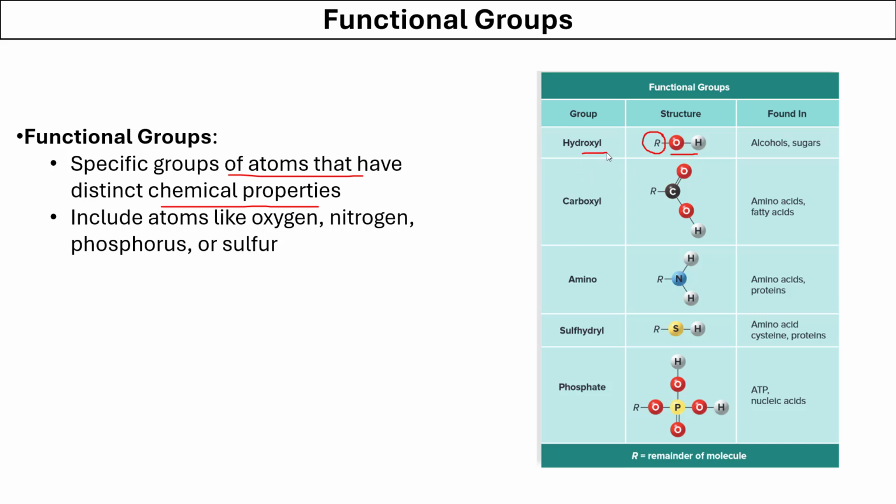Here the hydroxyl functional group is OH, carboxyl is COOH, amino group is NH2, sulfhydryl is sulfur and hydrogen, and phosphate is this phosphorus with 4 oxygens and either some negative charge on them or hydrogen bound with them.